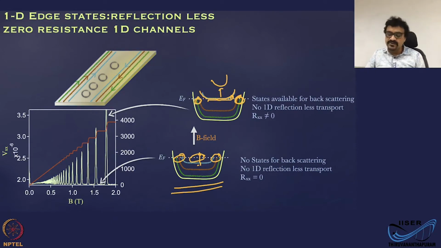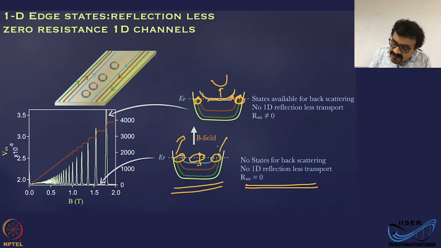So now, what happens is, when you have no states in the bulk, and these edge states are perfect 1D channels, they propagate only in one direction. This will go in this direction, and the other edge will come back in the other direction. That means the resistance you measure when you put a probe, say you're trying to measure the voltage developed along this edge.